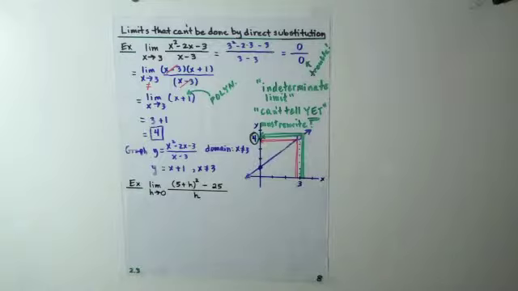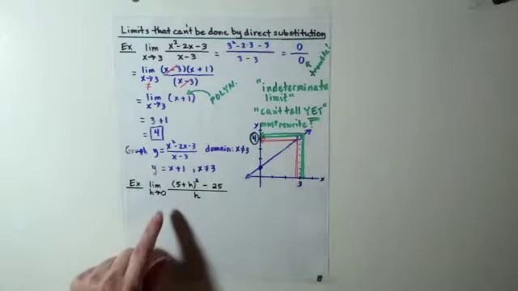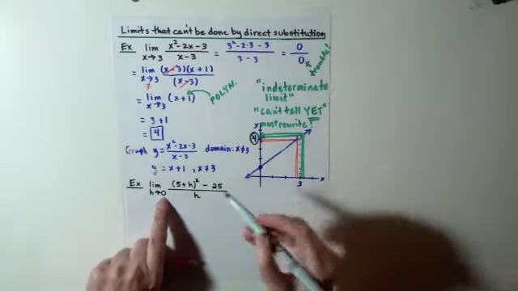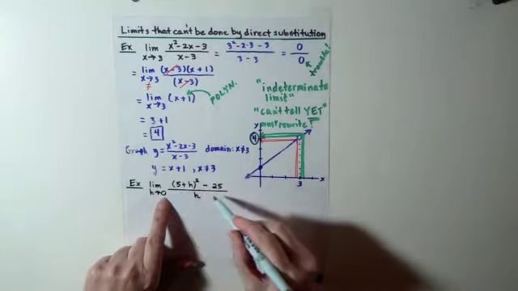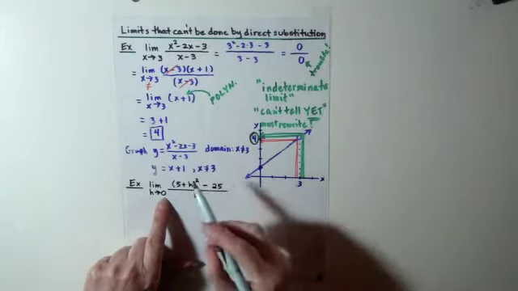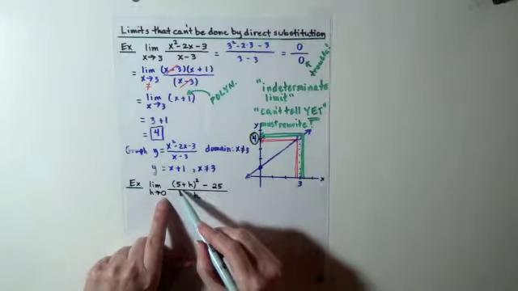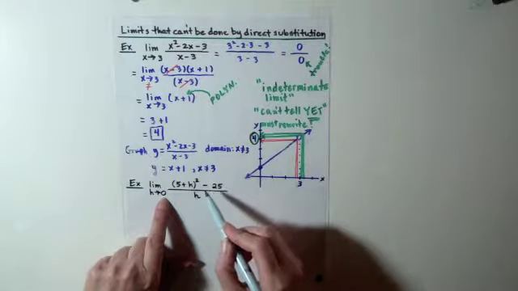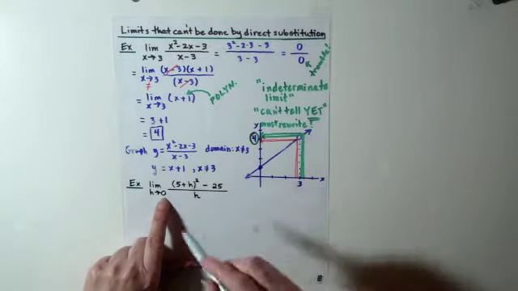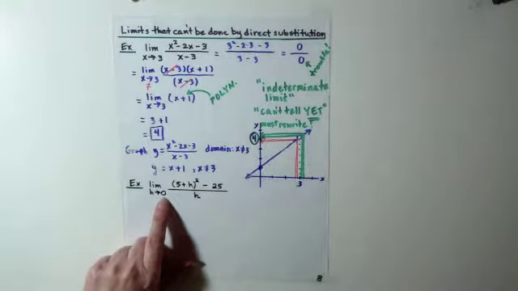Okay, you've had a chance to think about this one. Let's go ahead and try it together. If I were to just let h go to 0 in the top, and notice that the top is a polynomial, if I were to multiply this out, I would end up with 25 plus 10h plus h squared minus 25. Those would all be terms in a polynomial.